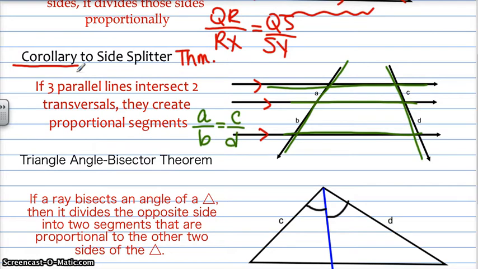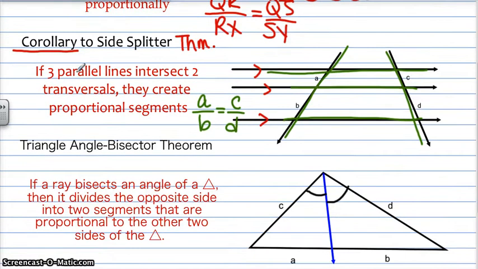And lastly, the triangle angle bisector theorem. If a ray bisects an angle of a triangle, then it divides the opposite side into two segments that are proportional to the other two sides of the triangle. Let's go through this. If a ray bisects an angle, notice I have a blue ray. The black curves are indicating that it's cutting that angle in half.